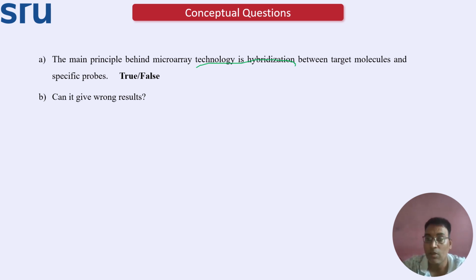Yes, when somehow the hybridization does not take place properly, or my probe was initially very small or long, or had a large number of C's and G's, multiple C's together, multiple G's together, improper binding will take place.